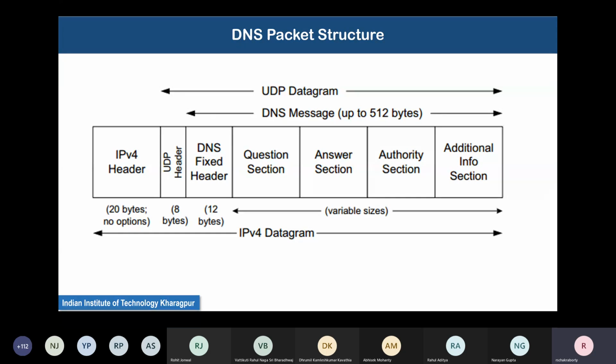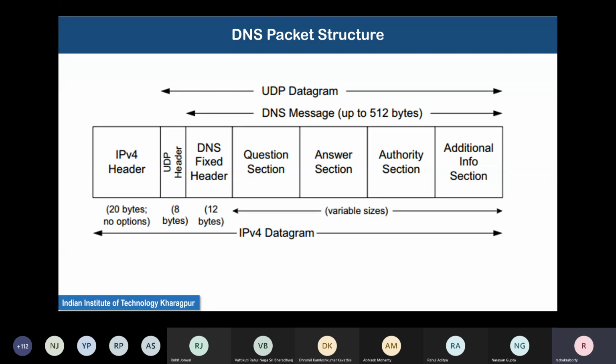These DNS packets follow a connectionless transport layer protocol called UDP. UDP is a very simple transport layer protocol, much simpler than TCP, the one that we will study in very detail. UDP does not maintain any state information about the connection between the two different parties.